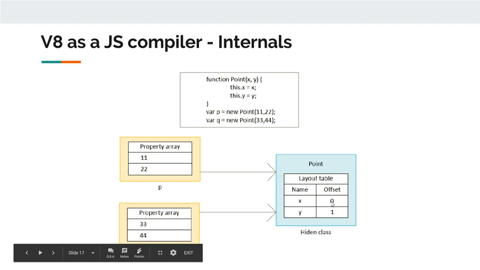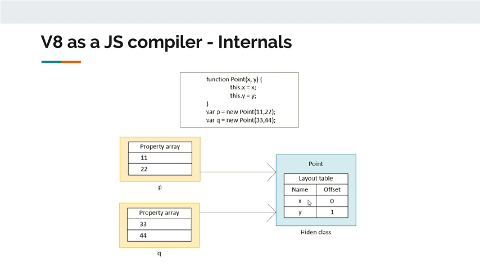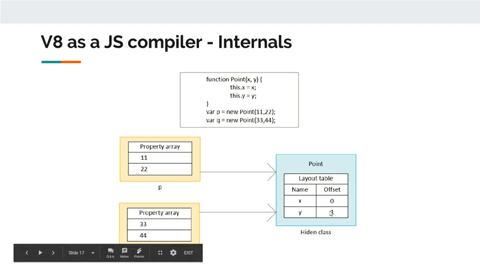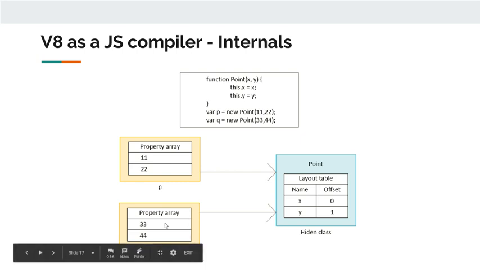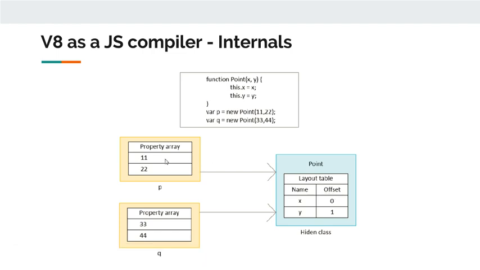The first offset in this layout will be 0, which is x, then the second offset, which is y. Whenever you create the first object, p, it is generated from this optimized code from Point, which has a hidden class, and the second one, q, is also generated from this one. So from this hidden class, we are able to run whatever you want for objects p and q.